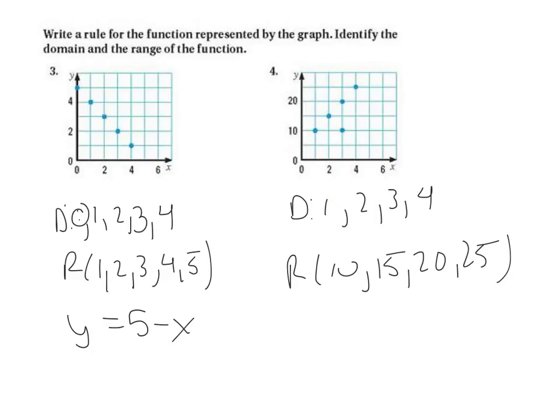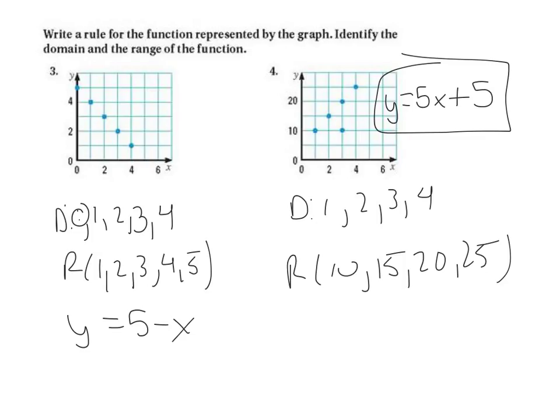So I think if I multiplied this by 10, I'd get 10. But if I multiplied this by 10, I get 20. So what if I multiply 1 by 5? How much would I have to add? 5. So what I'm looking at is this. 5x plus 5. Y equals. Now let's test it. What's 5 times 2? 10. 15. Good. 3. 15 plus 5, 20. So there we go. There's our rule.